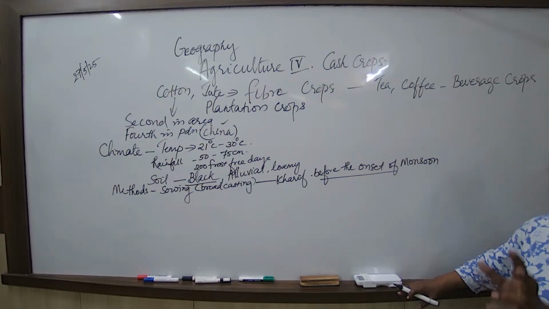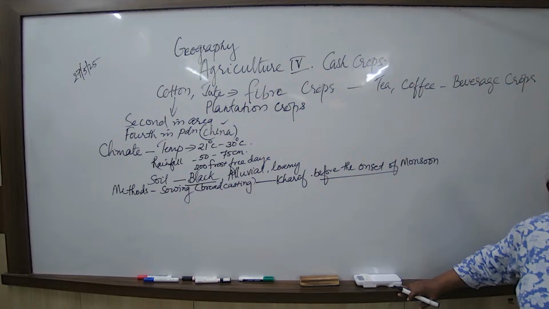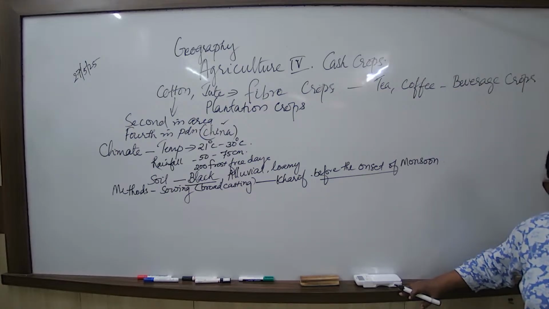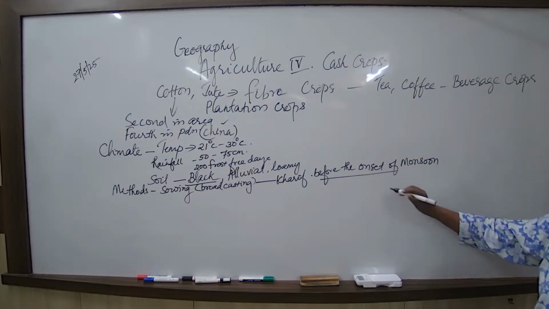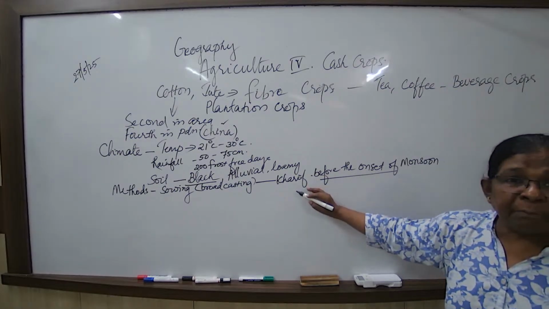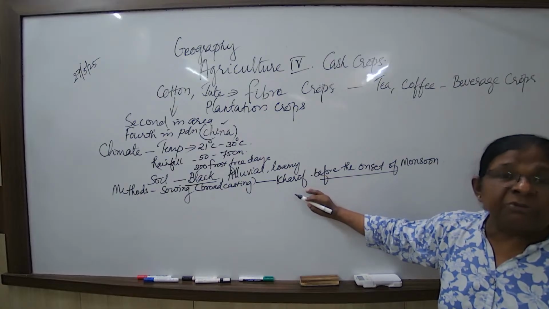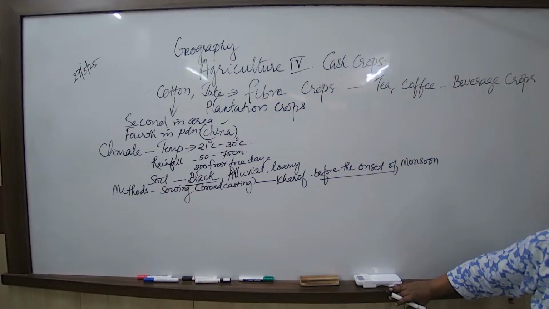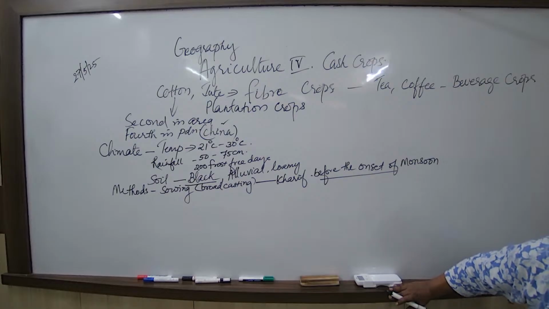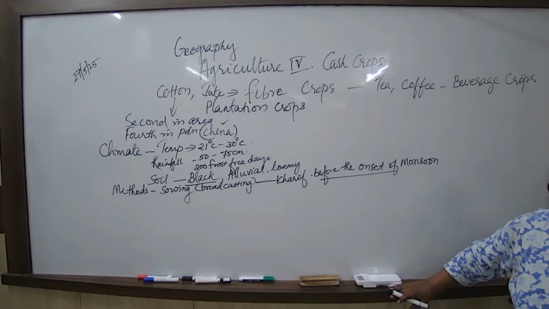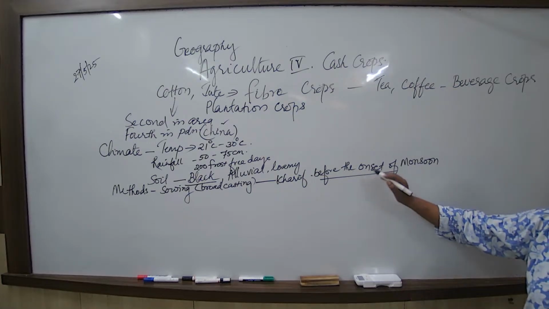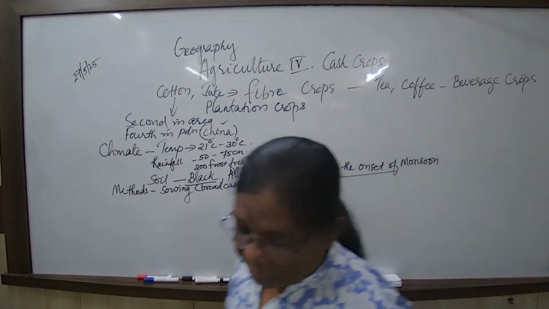Normally monsoon begins with June, and this much rain in May happened 107 years back. So if we are preparing and waiting for this month to end, then this crop could not be sown. Monsoon arrived early. Understood? So it should be sown before the onset of monsoon.